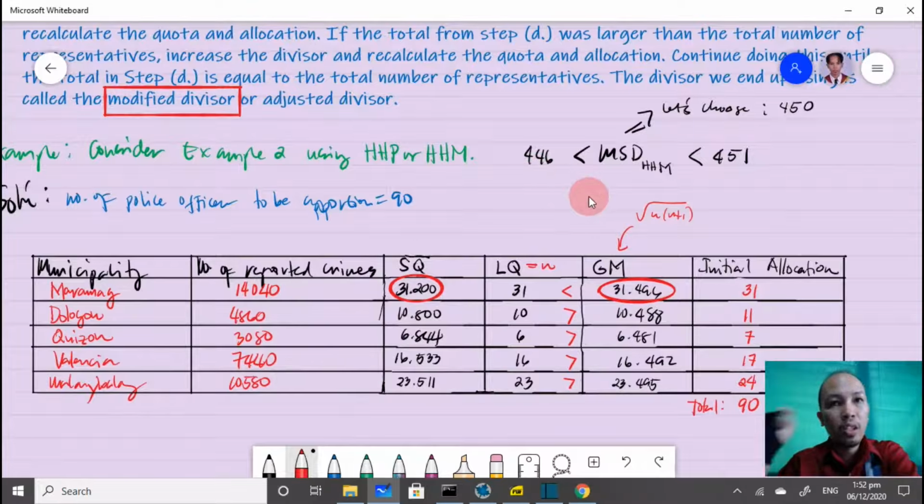You can try values between this inequality, 446 and 451. Just try 449. If you try higher, let's say 452, you will notice that it becomes smaller than 90. So use your time to analyze this example.